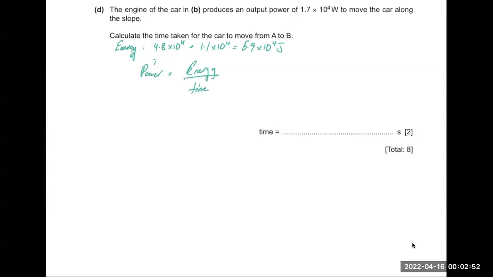The power is 1.7 into 10 raised to the power 4. The energy is 5.9 into 10 raised to the power 4, divided by the time. And you'll get a value for time. The answer is 3.47 seconds. Rounded off, it's 3.5 seconds.